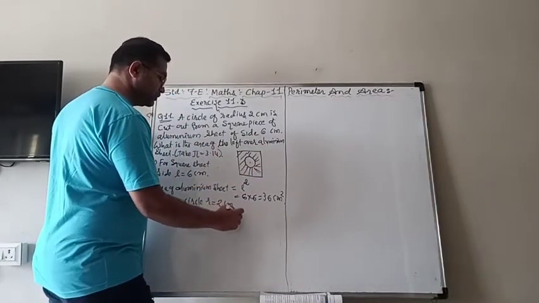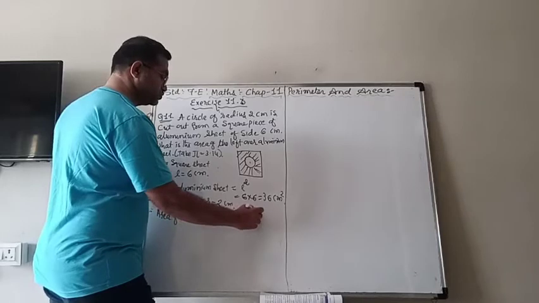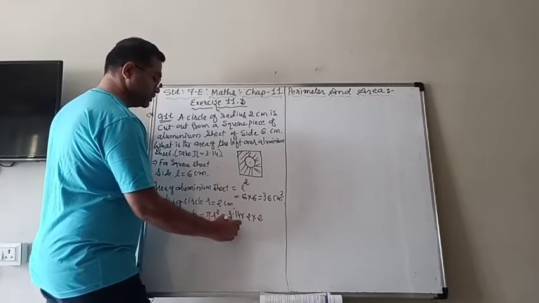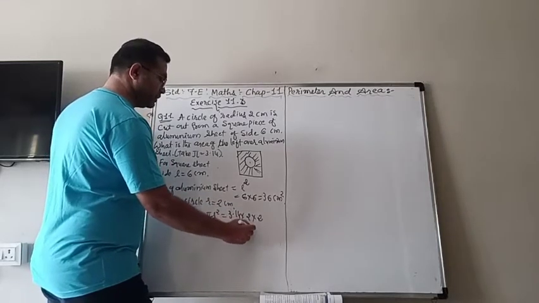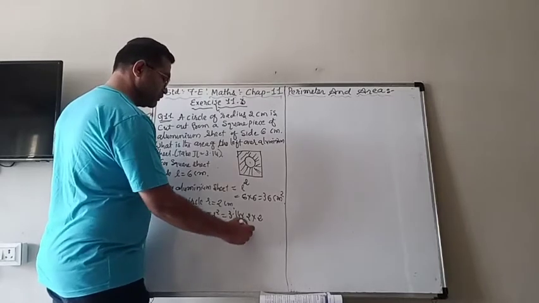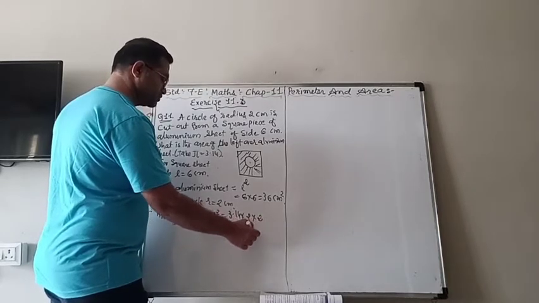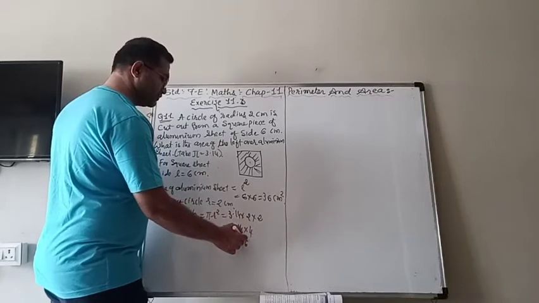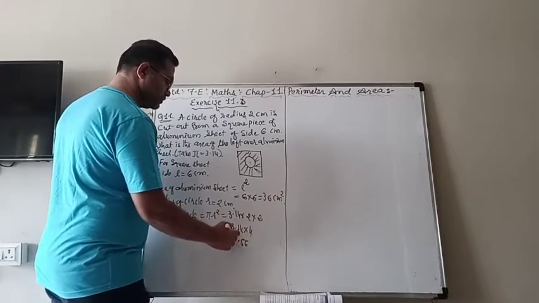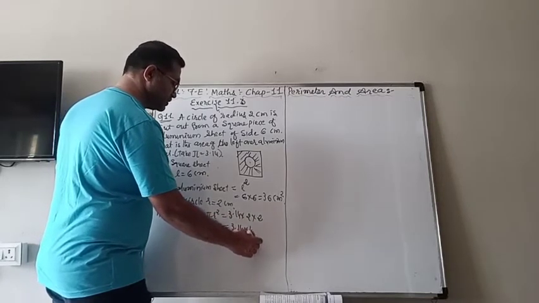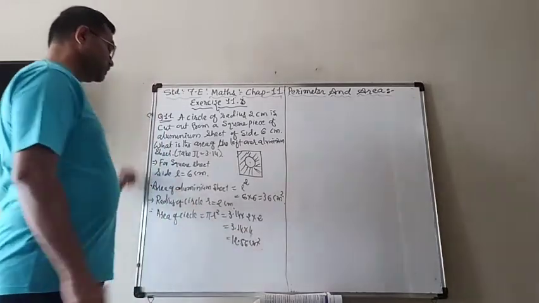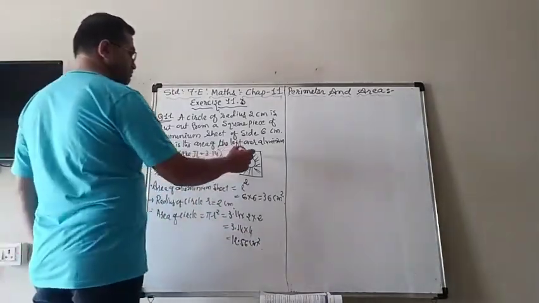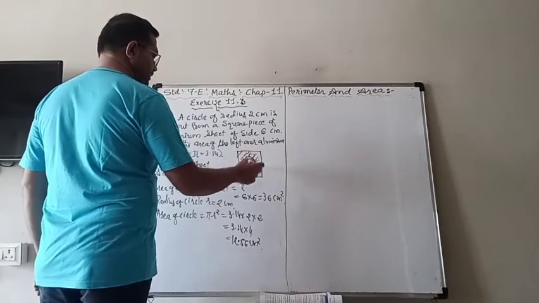So 3.14 into 2 into 2. So we have to multiply 3.14 by 4. 4 fours are 16, 4 ones are 4 plus 1, 5. So 12.56 centimeter square.